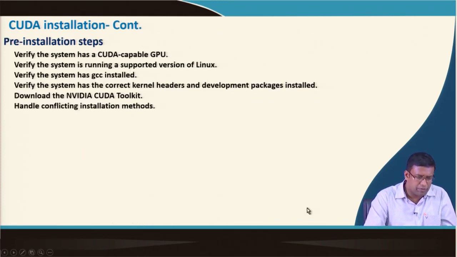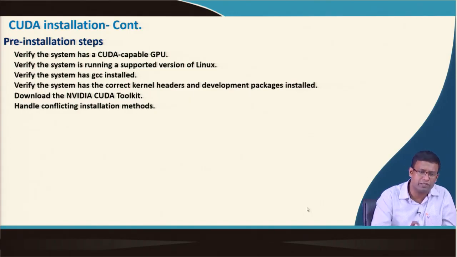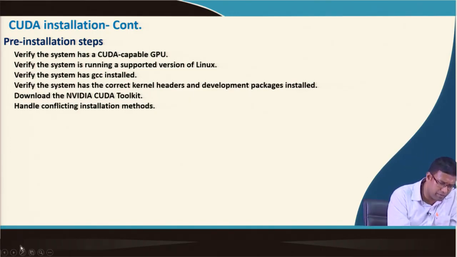So, before installation we have to see that the system has a CUDA capable GPU, and the system is running a supported version of Linux. You have to see the compute capability version, that is what we mean by a CUDA capable GPU.